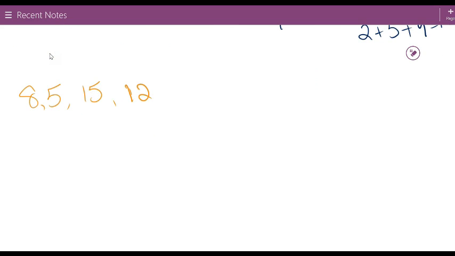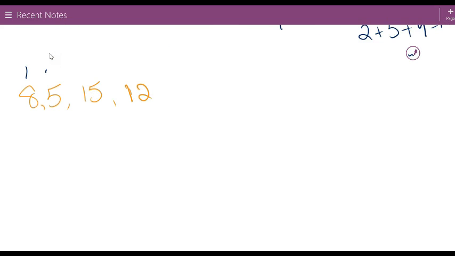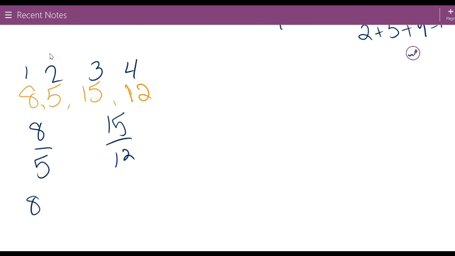All right, now this works in subtraction as well. So we have our first, second, third, and fourth terms: 8, 5, 15, 12. So 8 equals the difference plus 5, and 15 equals the difference plus 12.